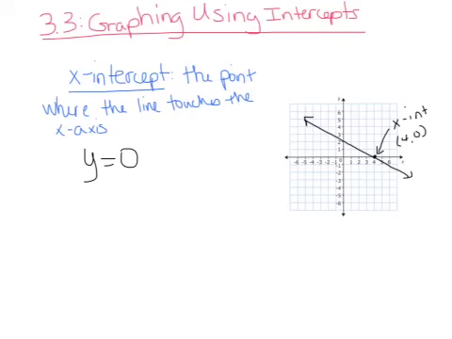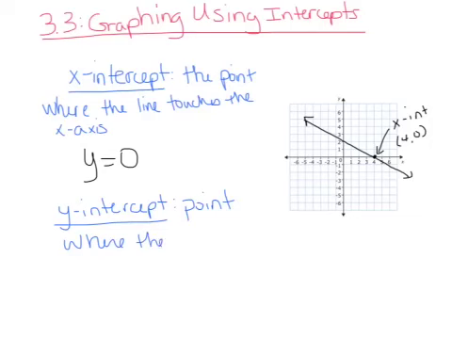So you might be able to guess that the place where your line touches the y-axis is going to be called the y-intercept. So on this graph, your y-intercept is going to occur when y equals 2.